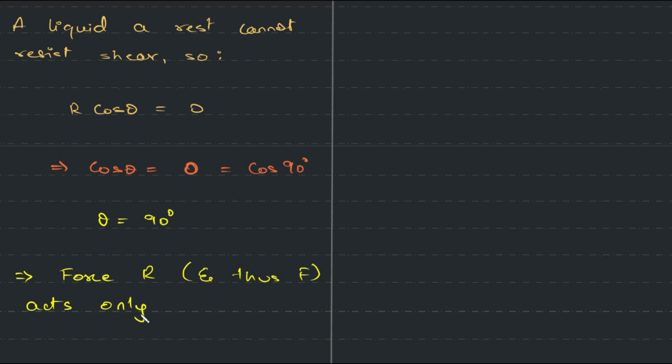F acts only along the normal. So this is how you can prove that force exerted by a fluid at rest is always normal to the surface.